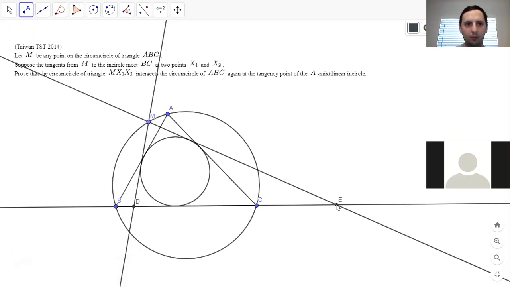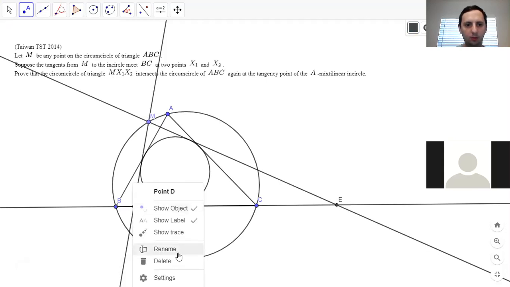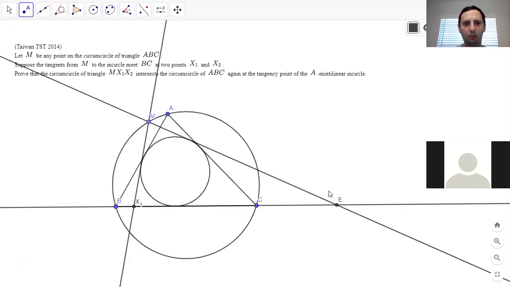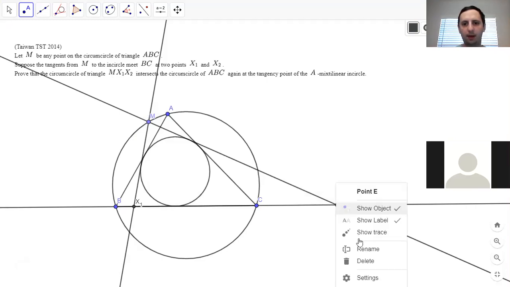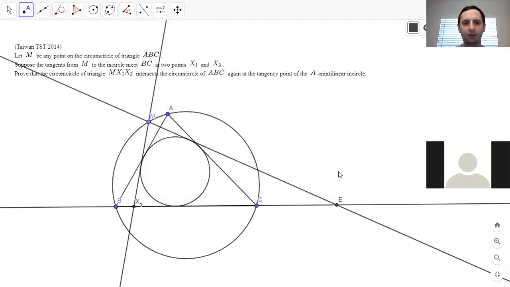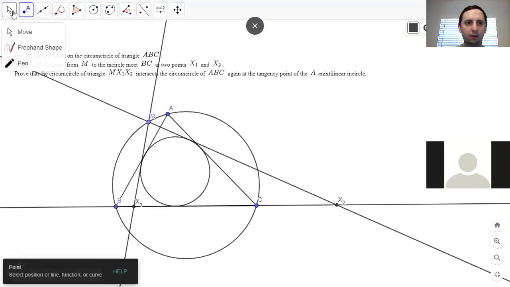So they're calling it X1 and X2. So I'll just use what's in the question. And we want to show the circumcircle of M, X1, X2 passes through the tangency point of the A mixtilinear incircle. So I'll draw the mixtilinear incircle.